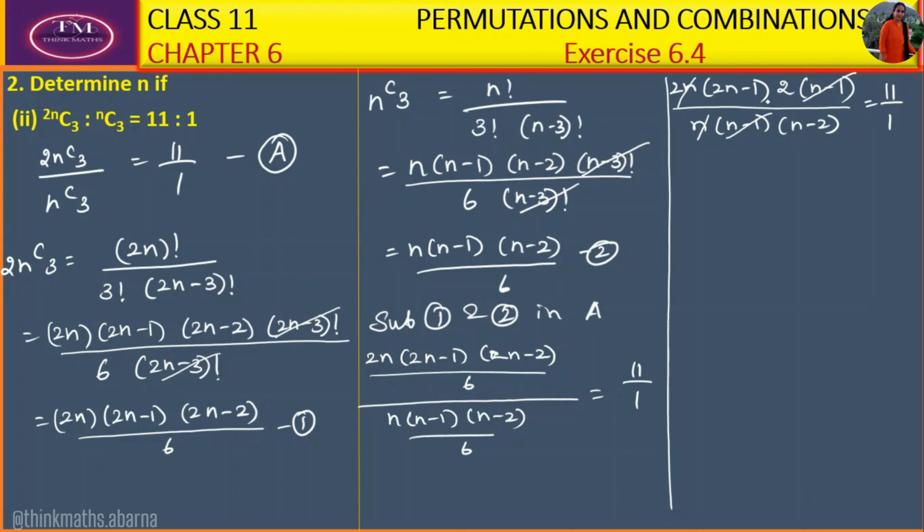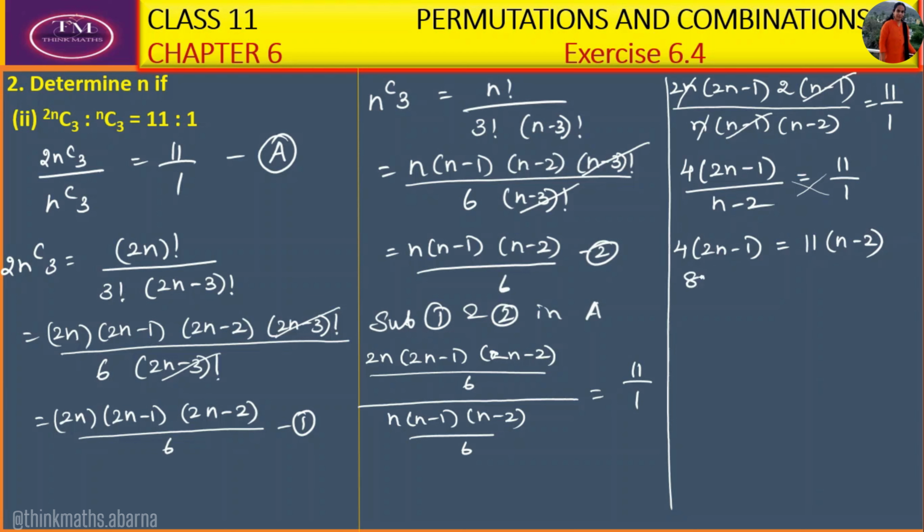So 2 into 2, 4 into (2n minus 1), divided by (n minus 2), equal to 11 by 1. Just cross multiply this: 4 into (2n minus 1) equal to 11 into (n minus 2).